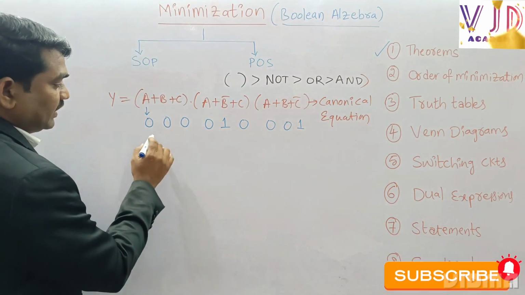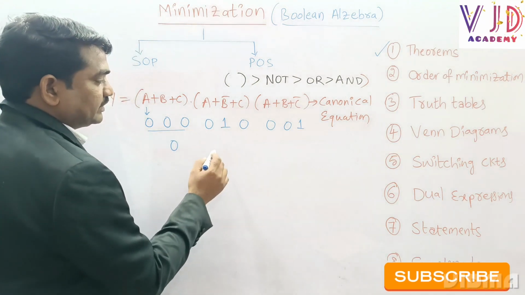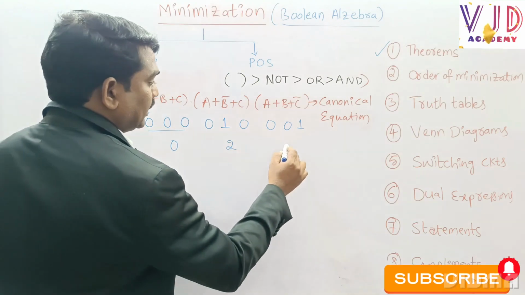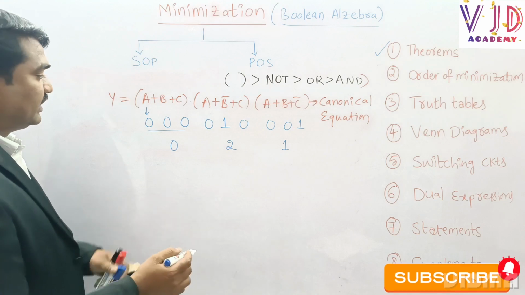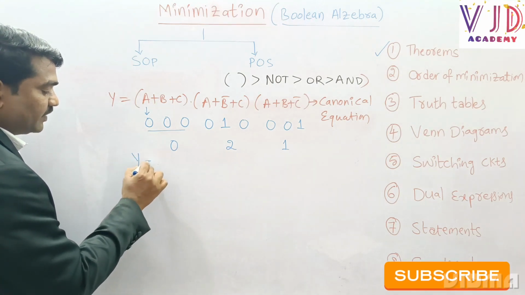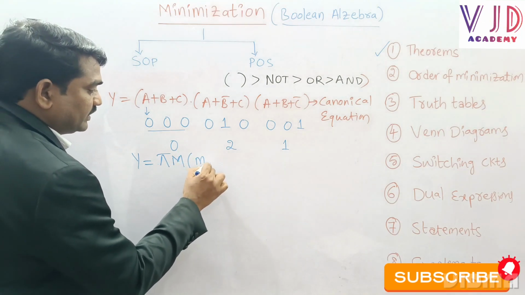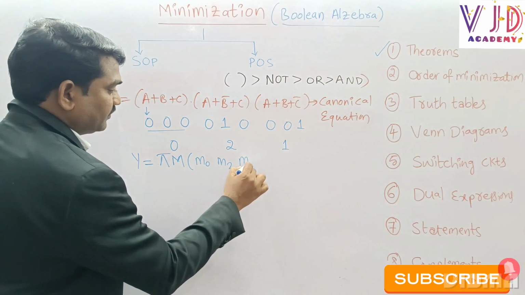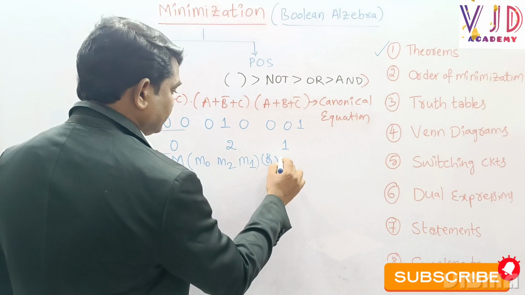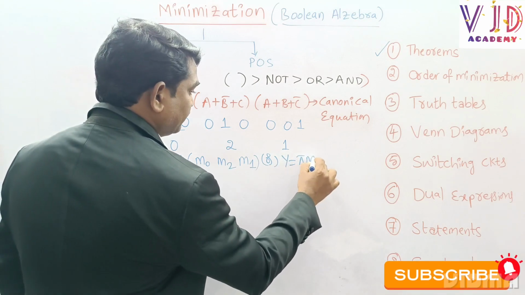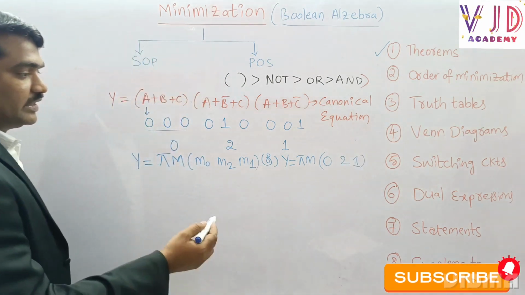Now what are the values? Here all are zeros, so the value is 0. And now here the second one is 1 in the middle, so the value will be 2. And now here the value will be 1. And the moment we try to write the standard form, y equal to pi M of 0, M2, M1, or also we can write y equal to pi M of 0 to 2.